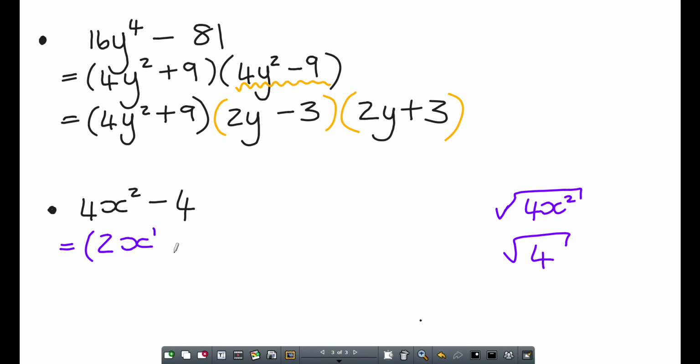And then I said, with a minus, but it's okay to do it the other way around. And I said minus 2. And then the other one, 2x to the power of 1 plus 2. Here you go. And then you write the plus again, then you write the minus.